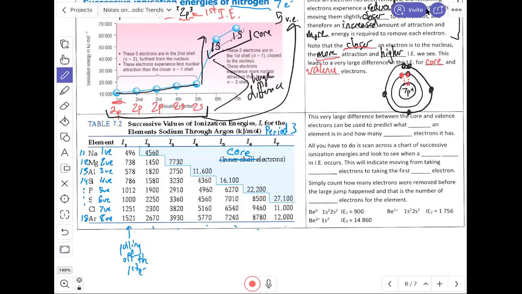And that inner layer is like, do not touch my core electrons. I do not like that. And I'm going to make you pay a very, very high cost in energy to take one of my core electrons. So sodium has 1 valence electron.